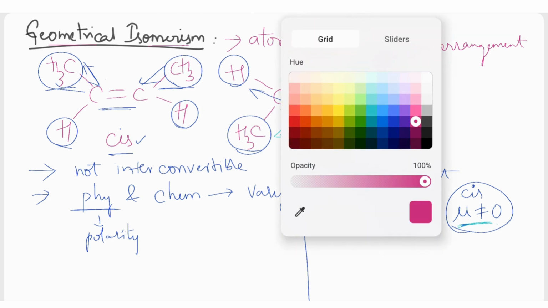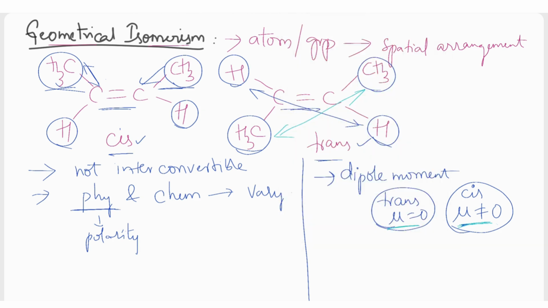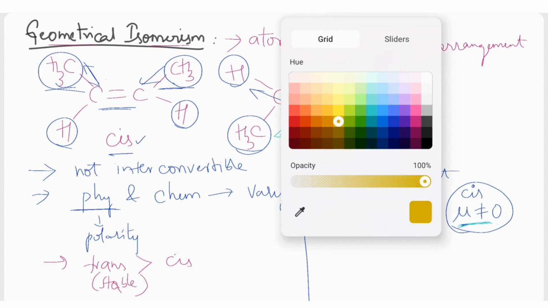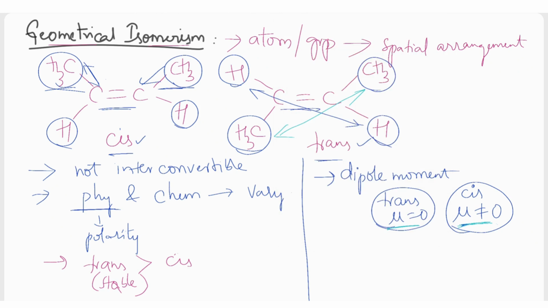If we look at stability, trans molecules are more stable than cis molecules. This is because the bulky groups like CH3 are placed exactly opposite in direction.